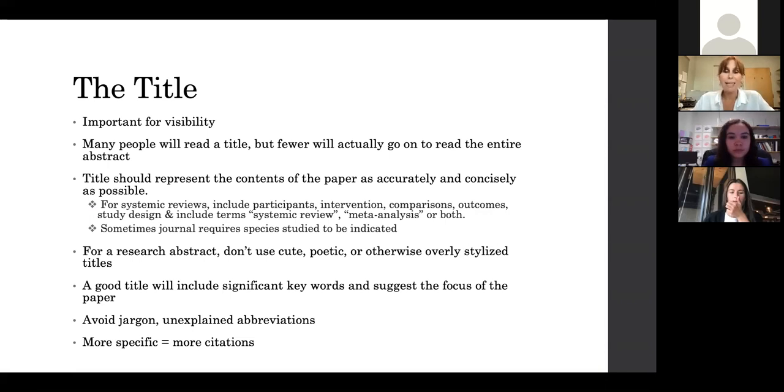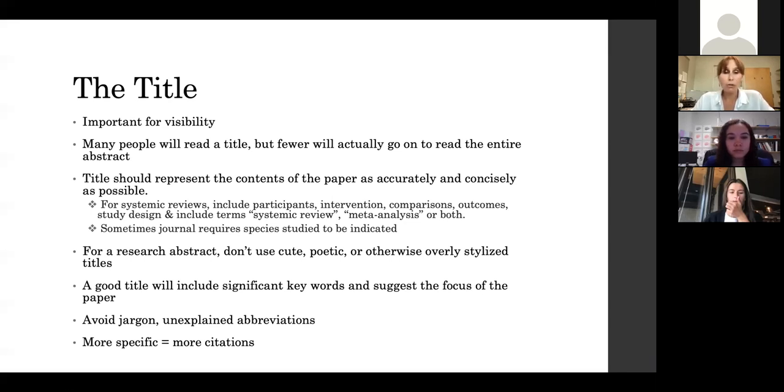So you should include key words that capture the relevance and significance of your work. The title should accurately represent what you did, while at the same time being concise. Studies show that more specific titles lead to more citations.